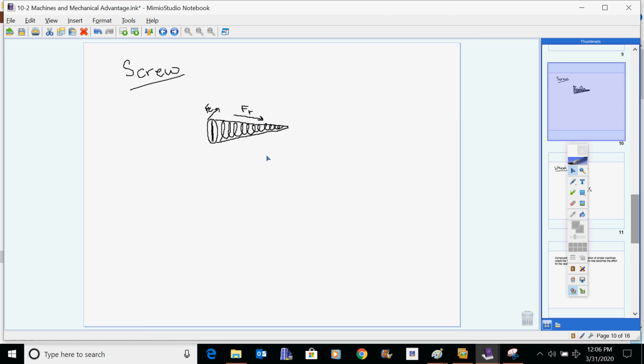It's an inclined plane wrapped around a cylinder. So the result is force this way after you've applied force this way, and round and round and round. So the effort distance would also be this way, and the resistance distance would be this way.